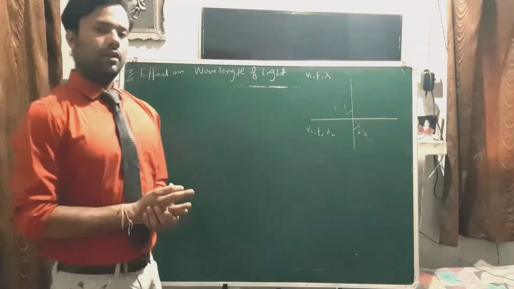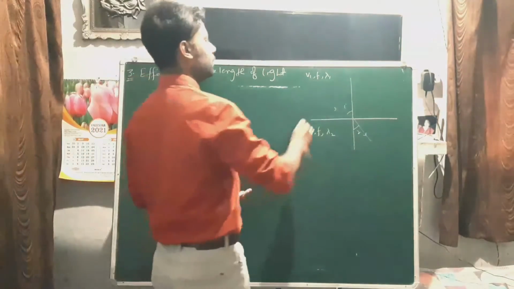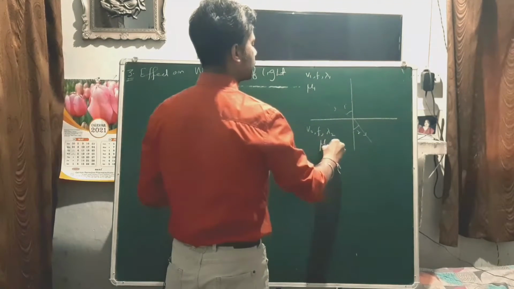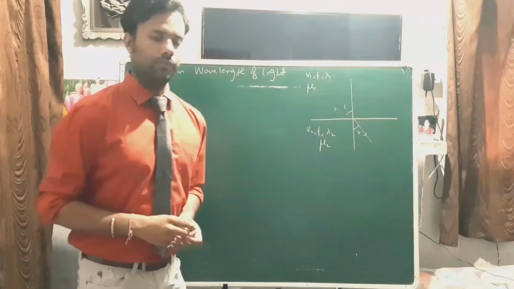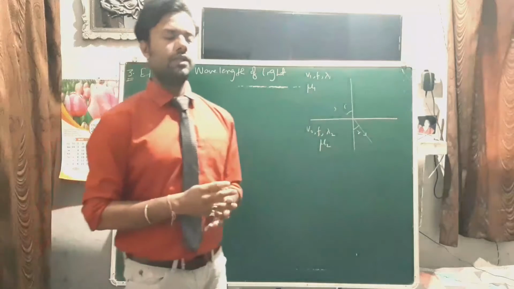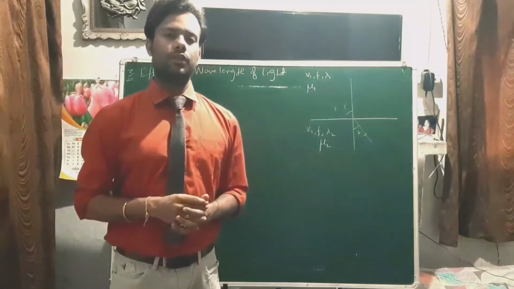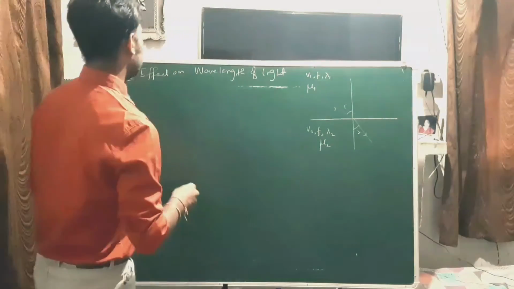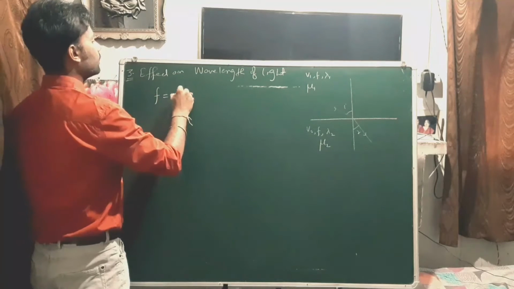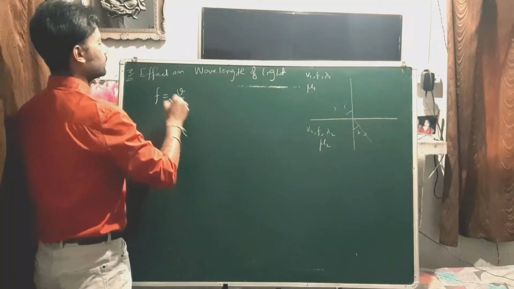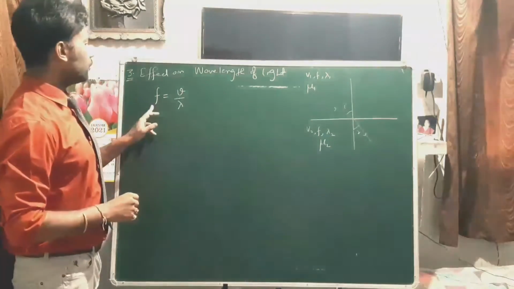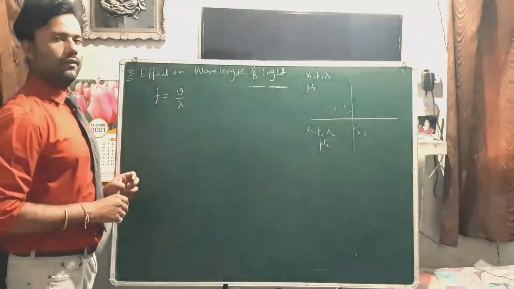Now let's say the refractive index of medium 1 is mu1 and that of medium 2 is mu2. What is the formula which relates the frequency, wavelength and the speed of light? Frequency f is nothing but v upon lambda. Frequency equals velocity upon wavelength.